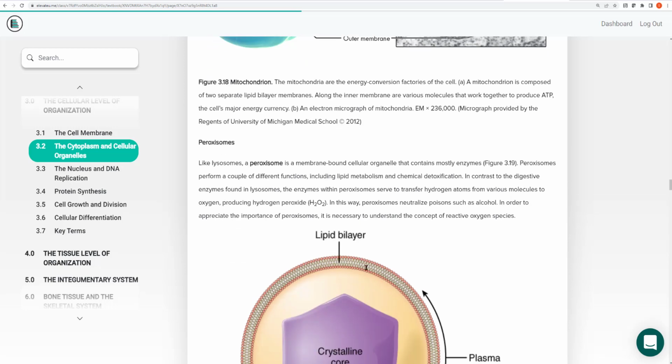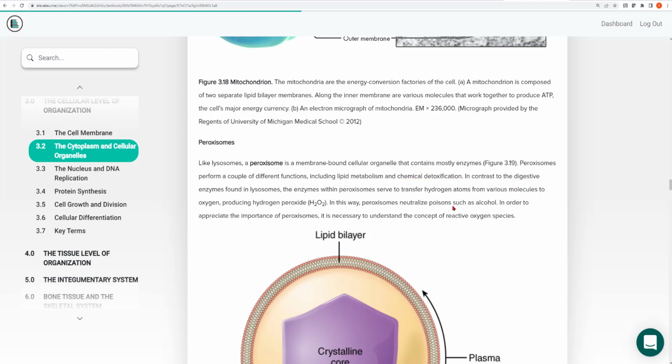Another little bleb of magic are peroxisomes. Like lysosomes, they are made by the Golgi. They contain mostly enzymes, whereas lysosomes are in the business of breaking down proteins and lipids and cellular content. Peroxisomes are in the business of detoxification.